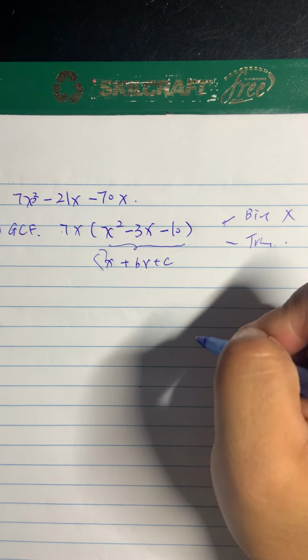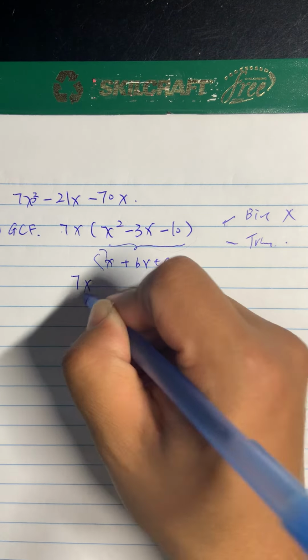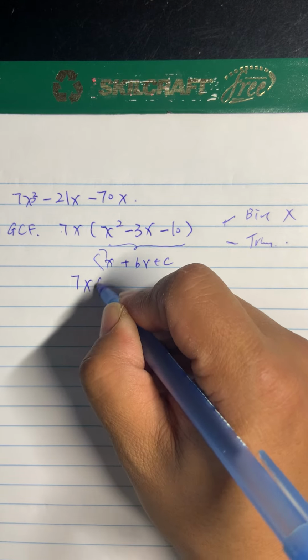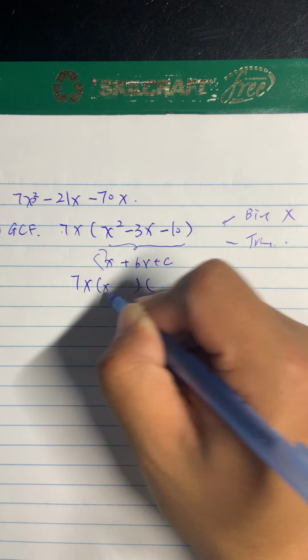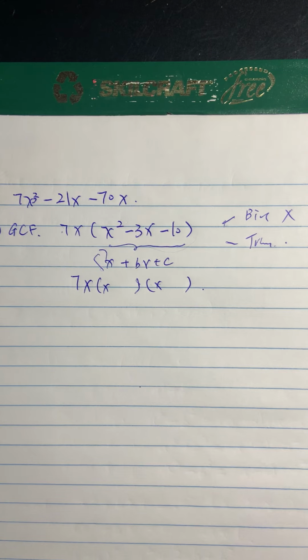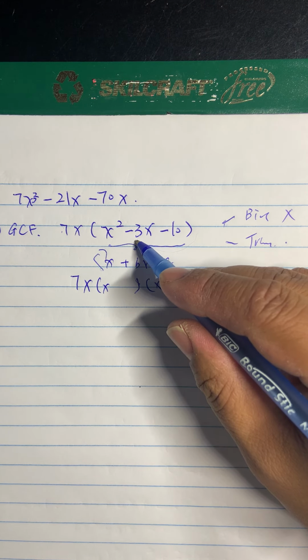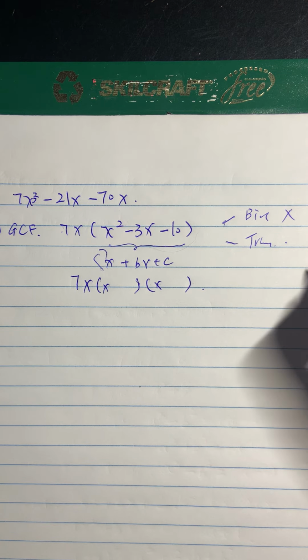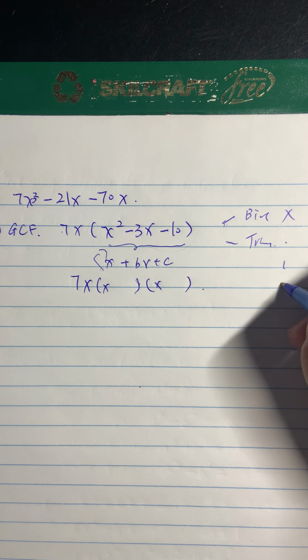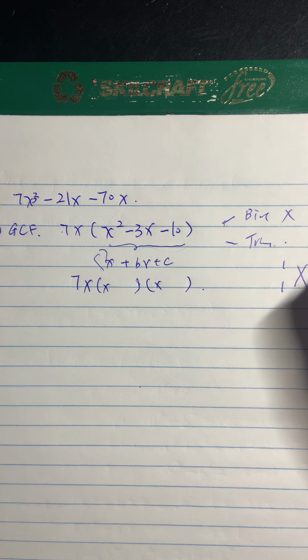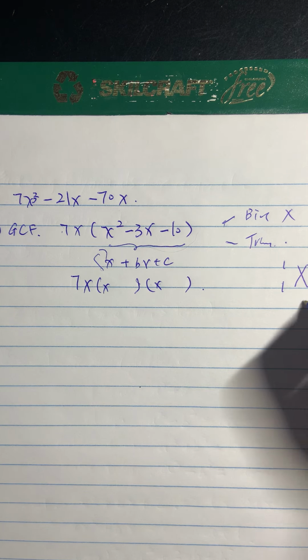We write x times x, like this. So how to find the next terms? We have 5 and 2, right? 5 times 2 is 10.